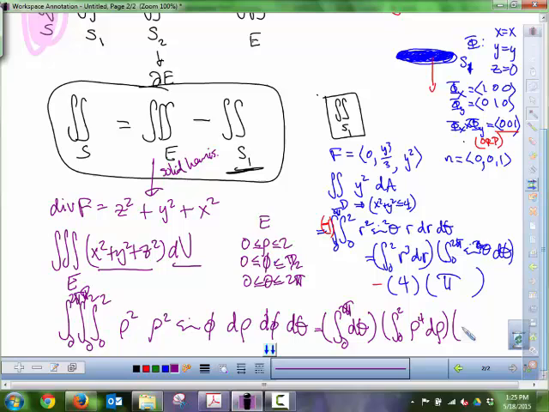And then the last one is the integral from 0 to pi over 2 of sine phi d phi. The integral from 0 to pi of sine is 2.